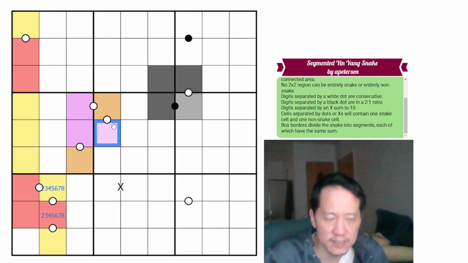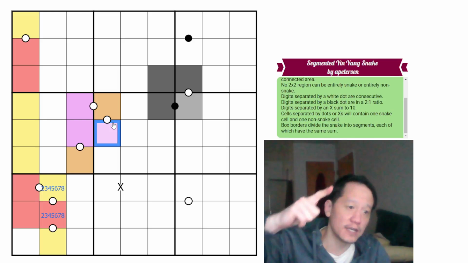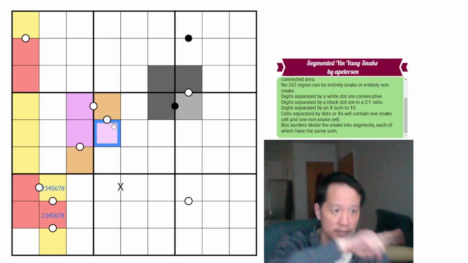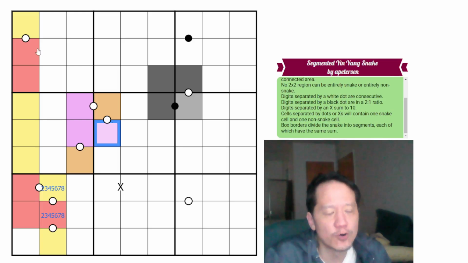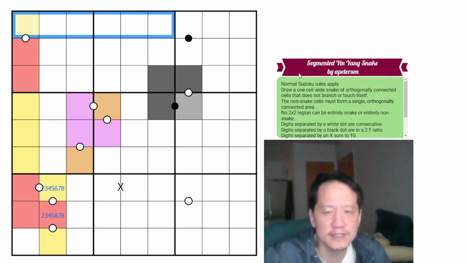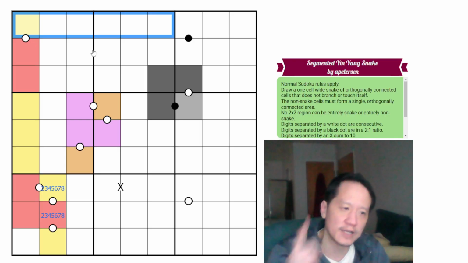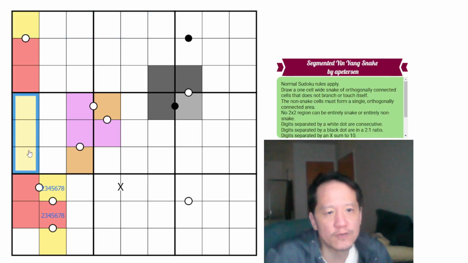It can't. Either way, if it's a snake, which is all orthogonally connected, so it's one long line, and therefore can't be broken in 2, or if it's the non-snake region, which must form a single orthogonally connected area, not 2, therefore this can never work.